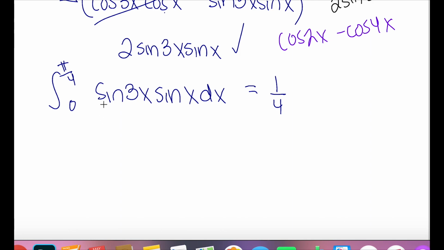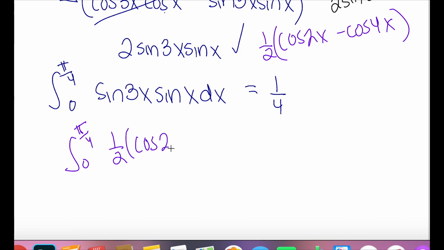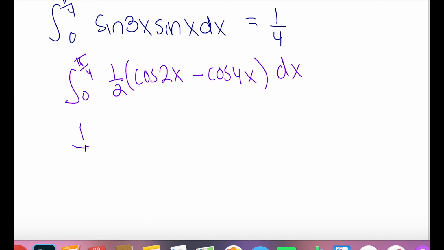But here we just have sine 3x sine x, so we have to multiply this by 1/2. We can pull that constant in front.